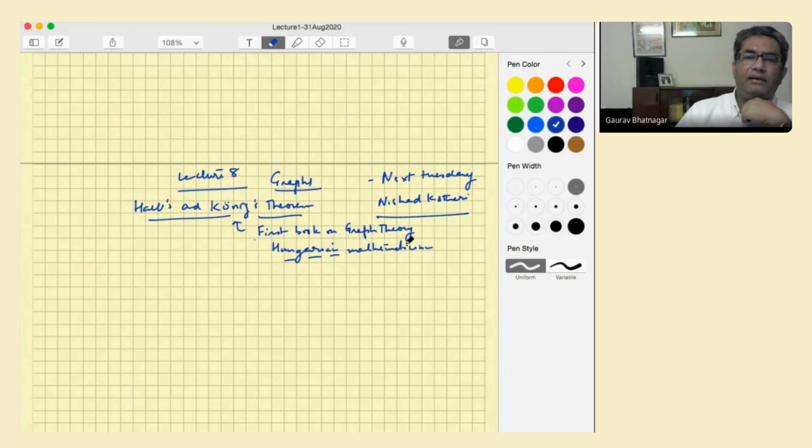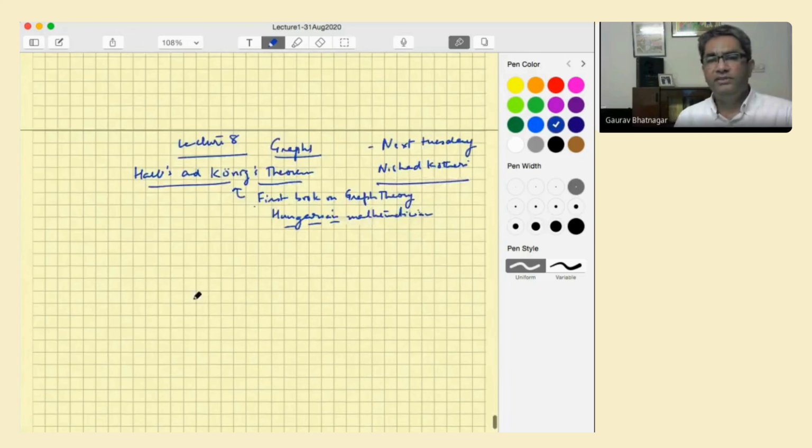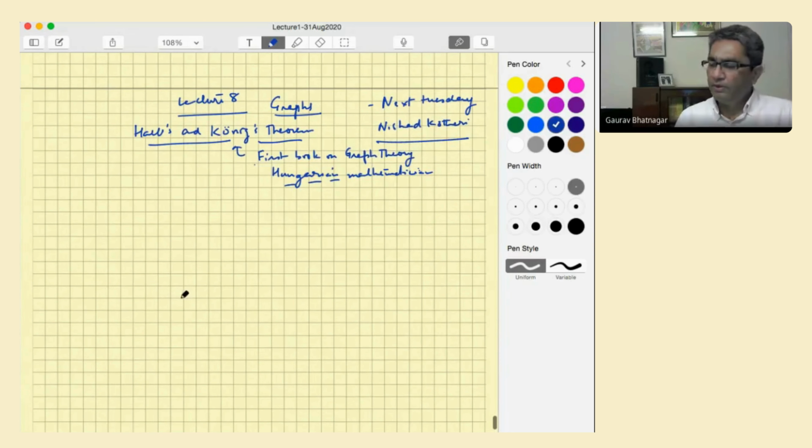And in fact, there is a very strong tradition in Hungary of combinatorics, including Paul Erdős, amongst Hungarian mathematicians. So, what is a graph?